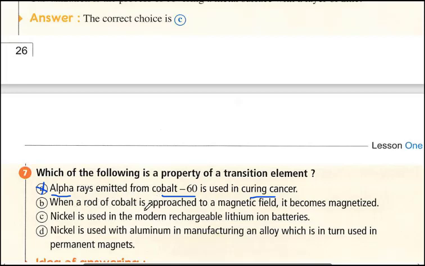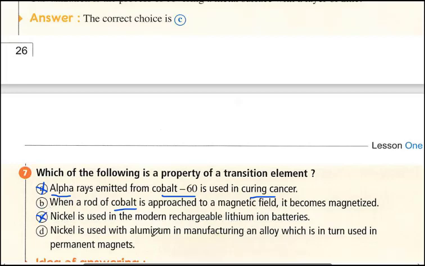When a rod of cobalt is approached to a magnetic field, it becomes magnetized. We know that cobalt and iron, both of them, can be magnetized. So this is correct. Let's see the others. Nickel is used in the modern rechargeable lithium ion battery. Here cobalt is used in the lithium ion battery, not nickel.